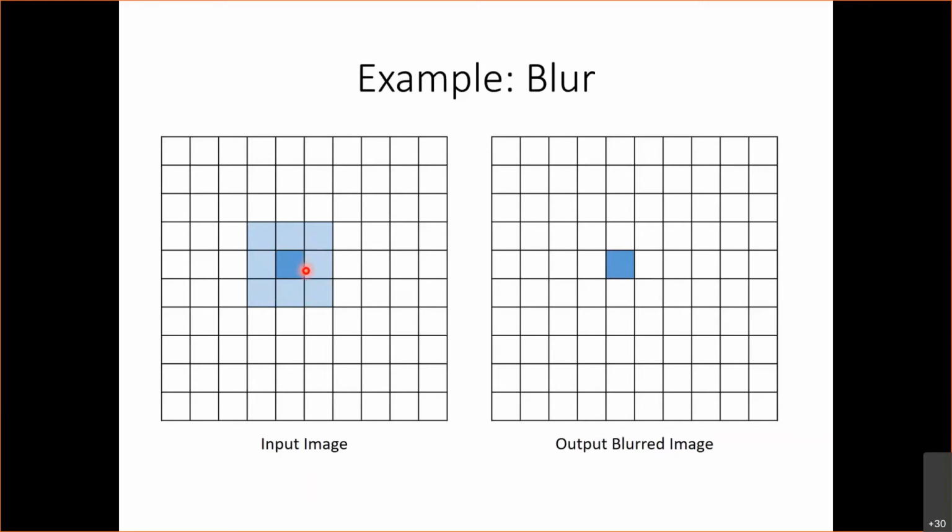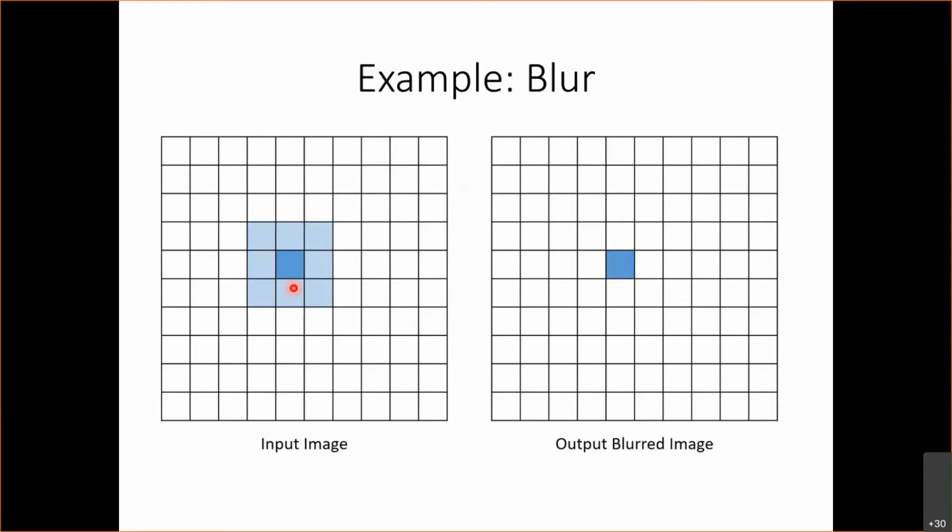So we can think of a thread as being responsible for an output pixel, right? Yes. So what we can do is have a thread for every output pixel, and each thread is responsible for finding the corresponding input pixel, looping over the surrounding pixels and computing the average.